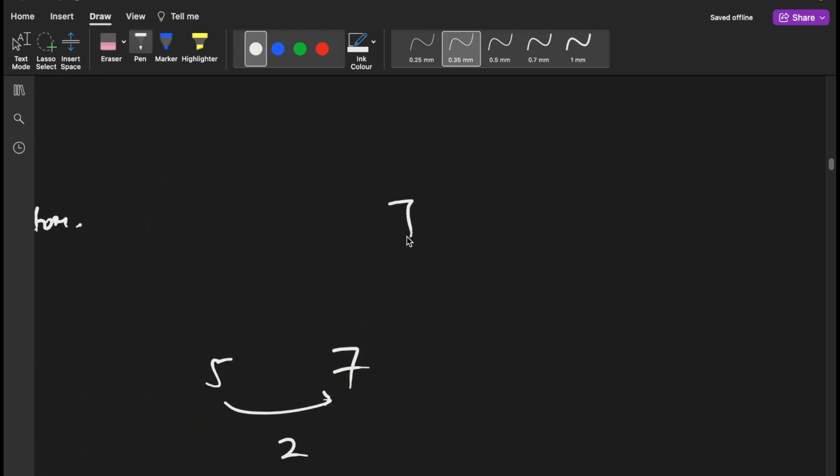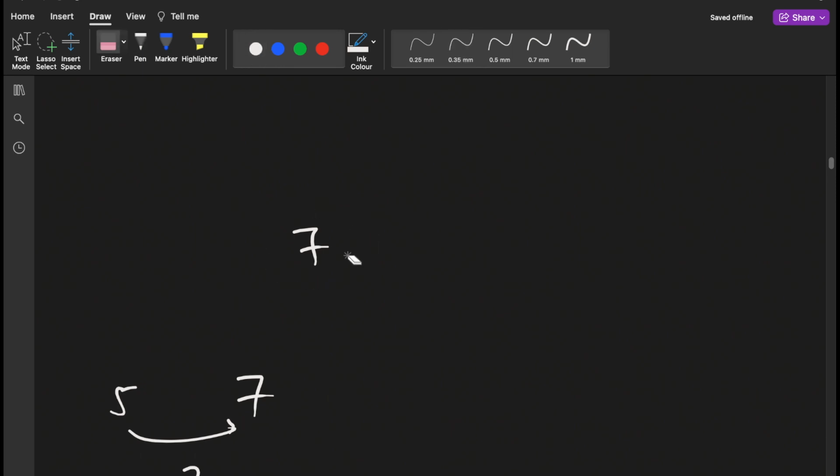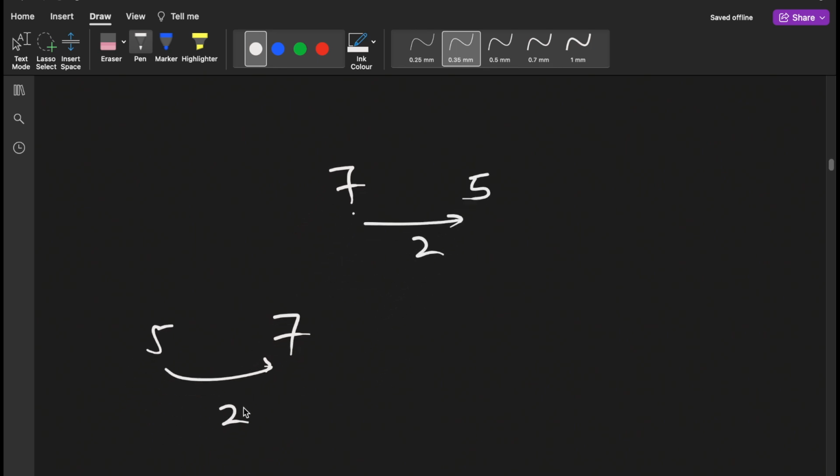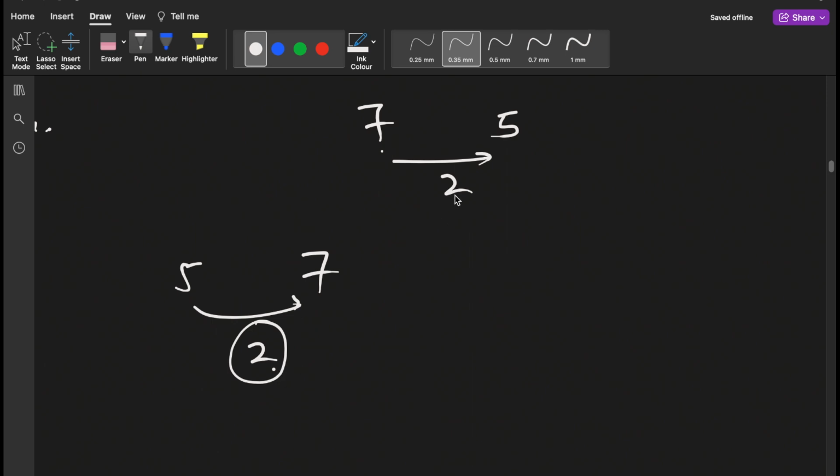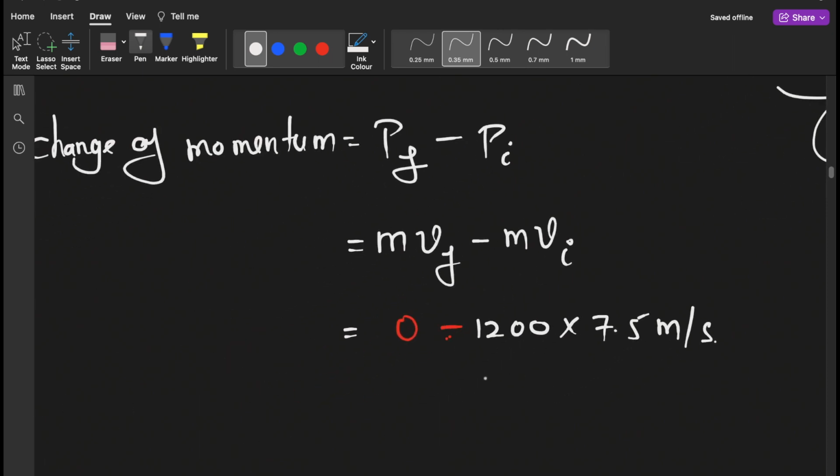If it is changing from 7 to 5, then also we say the change is 2. We are always concerned with the value of the change, the positive value. But you can solve it with the sign, there is no mistake in that, that's exactly correct. The sign will just tell you the direction of the movement.